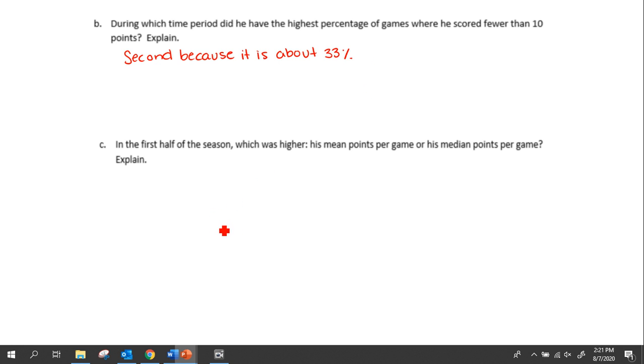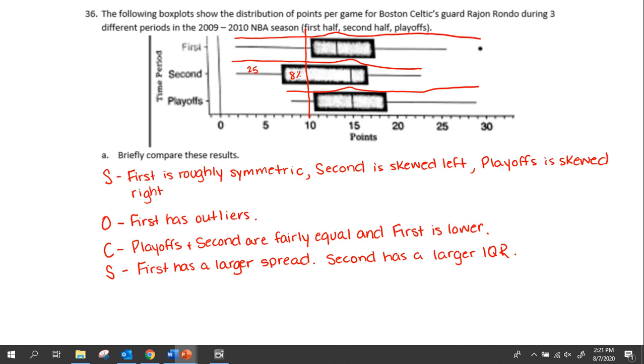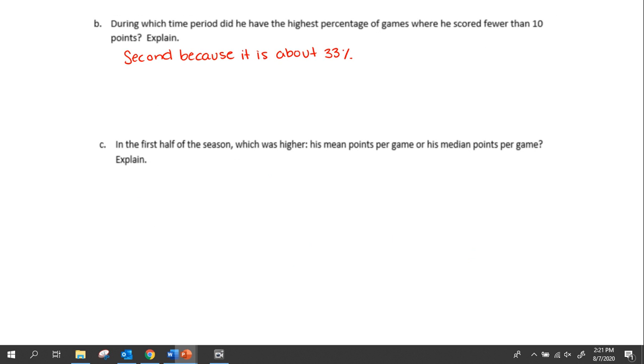In the first half of the season, which was higher, his mean points per game or his median points per game? Remember, first half is roughly symmetric. If they're roughly symmetric, then the mean and median should be pretty equal.